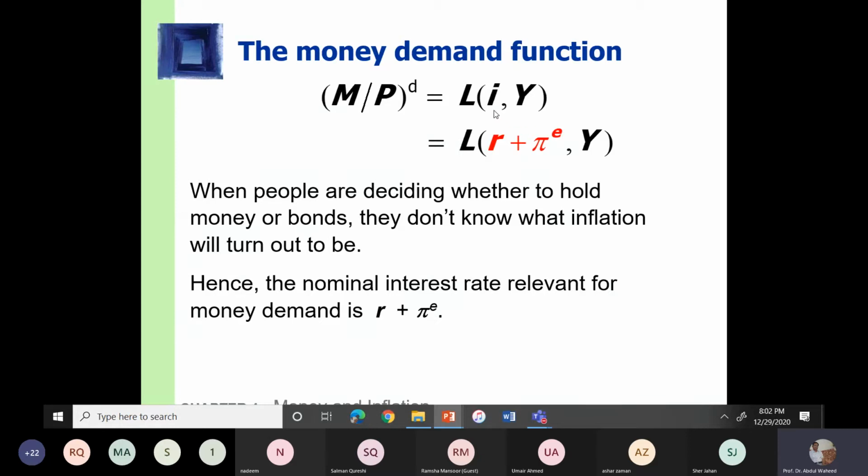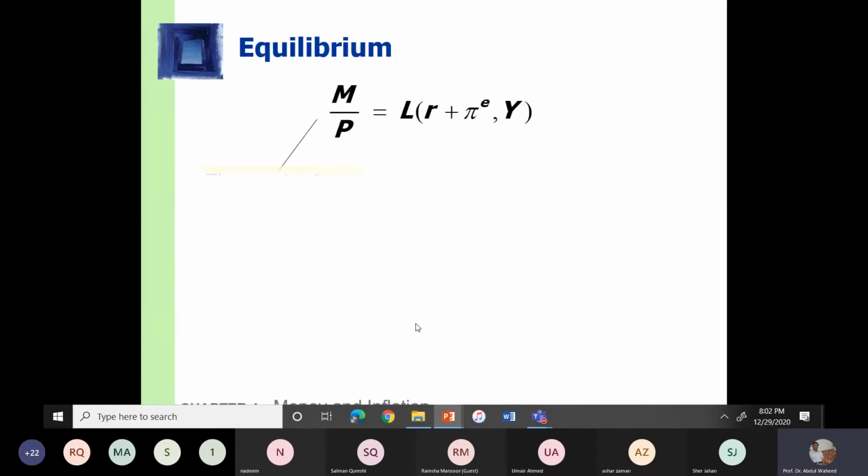So nominal interest rate would be real interest rate plus inflation rate, and we are taking expected inflation because we don't know what inflation will turn out to be in future. So the nominal interest rate is relevant for money demand, which is real interest rate plus expected inflation rate.